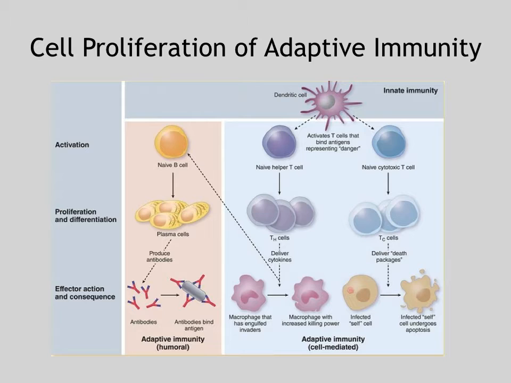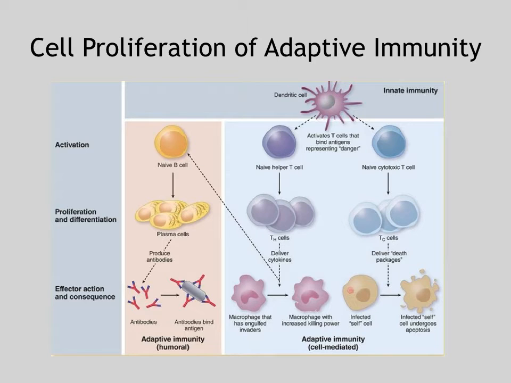Cell proliferation: remember we discussed dendritic cells and macrophages presenting antigen to helper T cells and cytotoxic T cells in the lymph nodes. So a dendritic cell responds to an injury or an infection. It phagocytizes some bacteria.